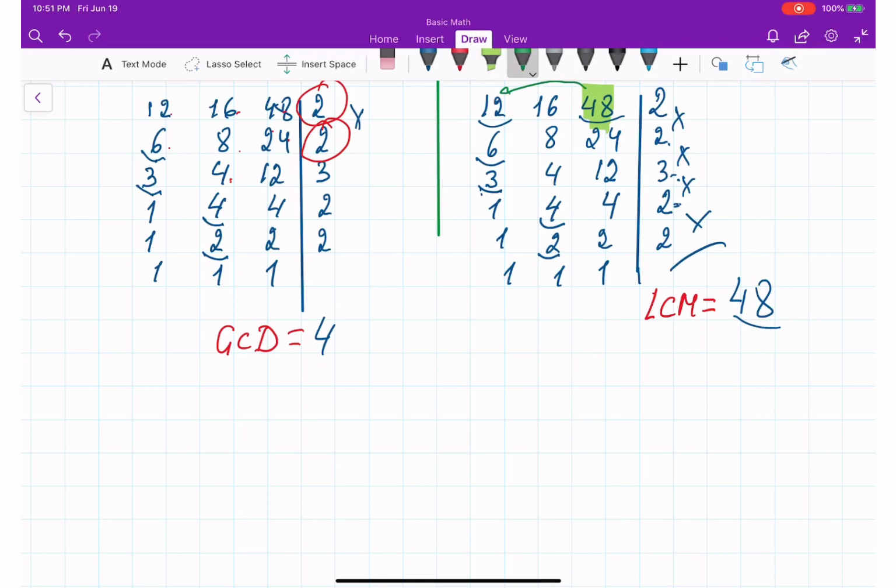I will get 4. And 48 I can divide by 16, I will get 3. So in such cases, it's already clear that 48 is going to be my LCM. But if the biggest number you can't divide by any of the other numbers given for LCM, then you go through this path and divide so you can figure out what the LCM is.